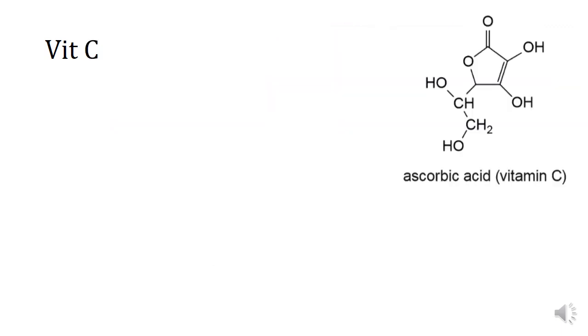So vitamin C is one of the vitamins that you've probably heard of before. So ascorbic acid is found a lot in citrus, but also in other sort of leafy fresh things. It's fairly widespread.